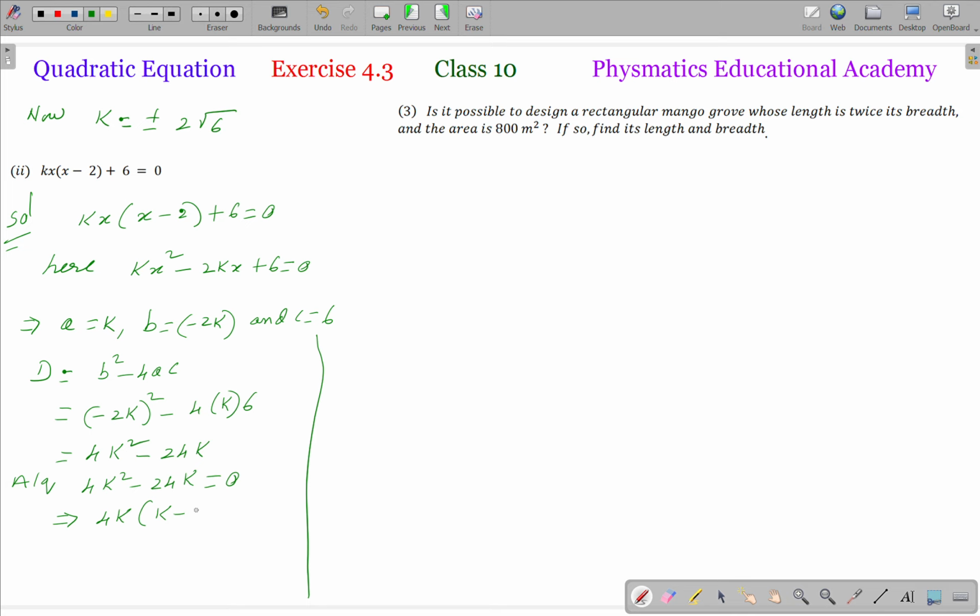Take out 4k as common: 4k into k minus 6 is equal to 0. Either k is equal to 0 or k is equal to 6.